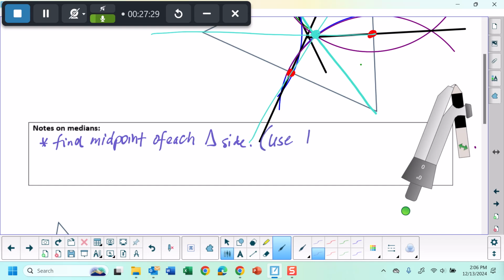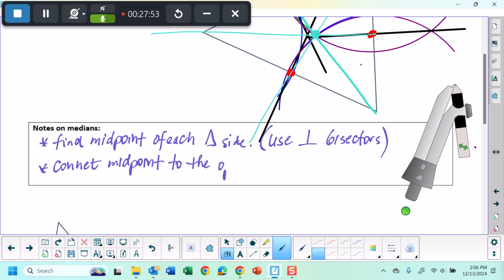And I'm going to use perpendicular bisectors as a tool for me doing that. My next step is where I'm going to connect your midpoint to the opposite vertex.